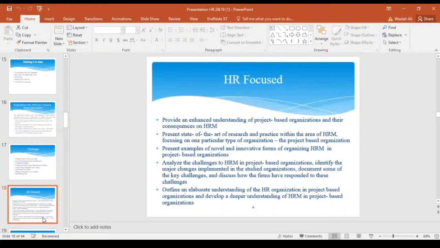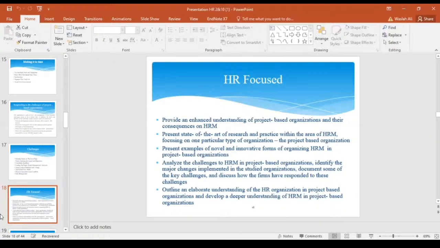As we know, project-based organization is already defined above. Present examples of novel and innovative forms of organizing HRM in project-based organizations.